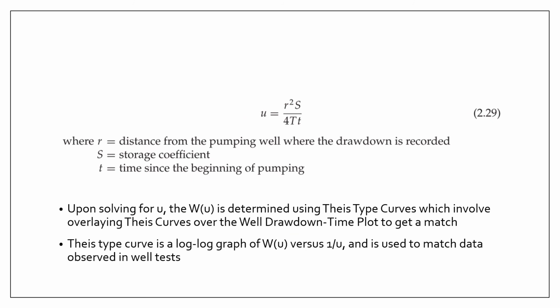And then basically we get the well function W(u) using the Thiess type curves. All right. And what we do here is we first plot the drawdown versus time.